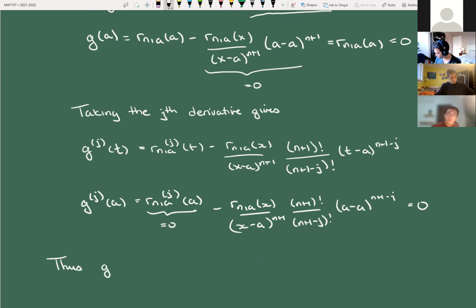So thus, let's just remind ourselves what we said: g^(j)(a) equals 0 for all j equals 0 up to k, or sorry, n. Okay, now if you look at assignment 7 question 1, so if you haven't looked at it, you should look at it now, but maybe let me just pull it up quickly so that you can see it.